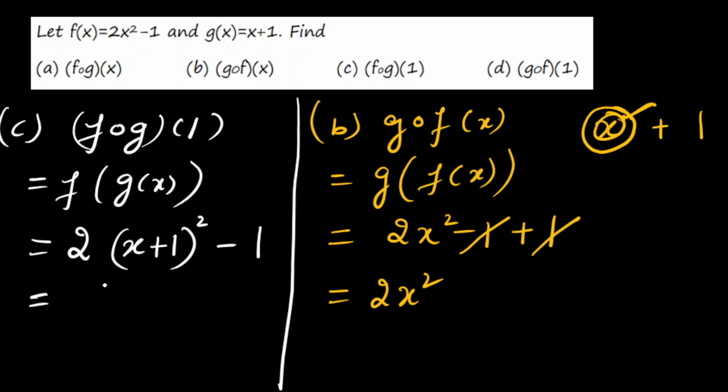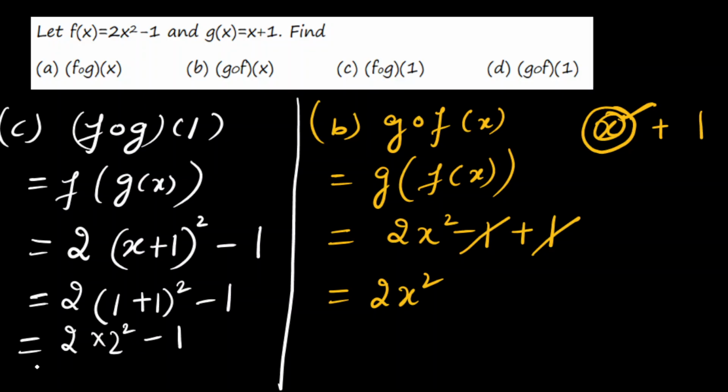Till the third step it is the same. In this step, I can write the value of x as 1. So 1 plus 1 whole square minus 1. So 2 times (1 plus 1) is 2, so 2 times 2 square minus 1. 2 square is 4, 4 times 2 is 8, 8 minus 1 is equal to 7.